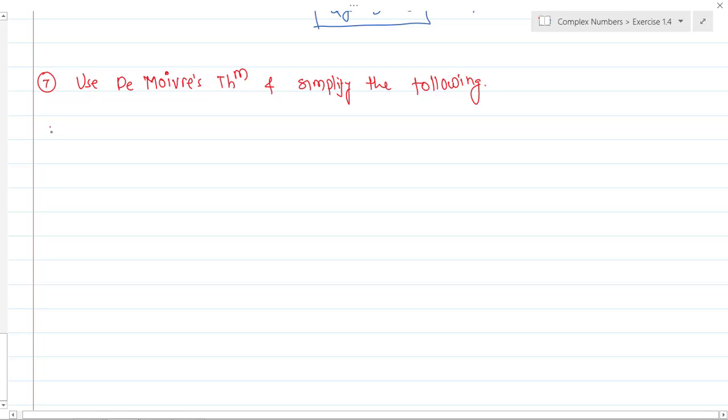So the first question is cos 2 theta plus I sin 2 theta whole to the power 7 divided by cos 4 theta plus I sin 4 theta to the power 3. Okay, so we have to simplify this using the De Moivre's theorem.